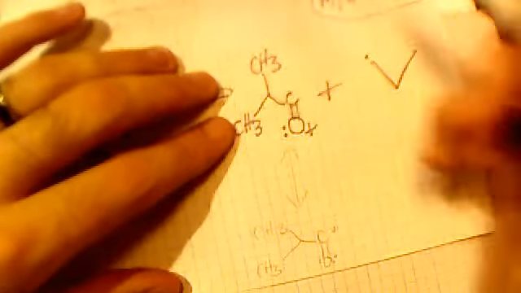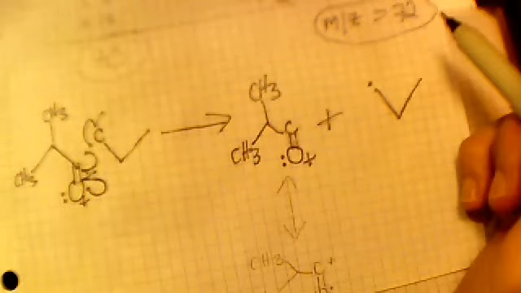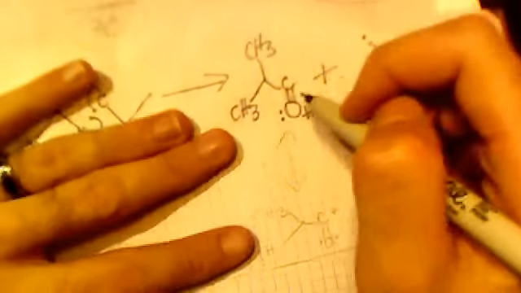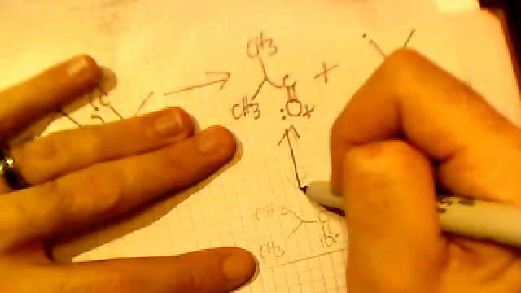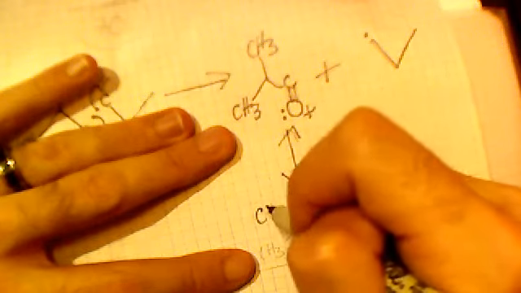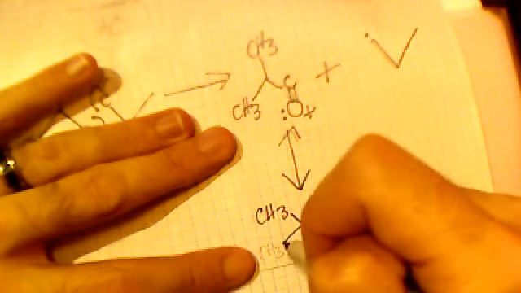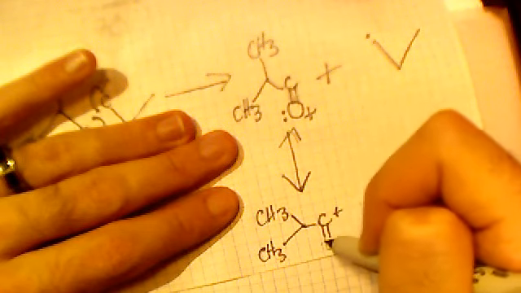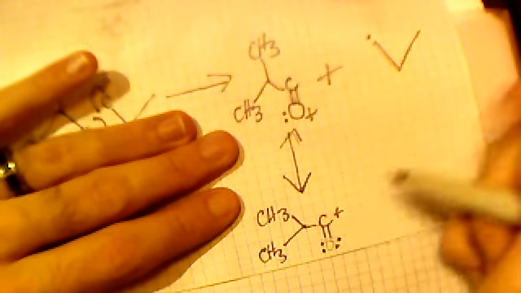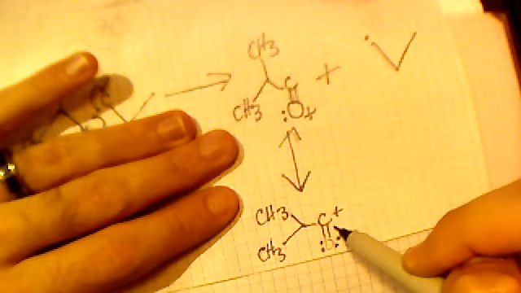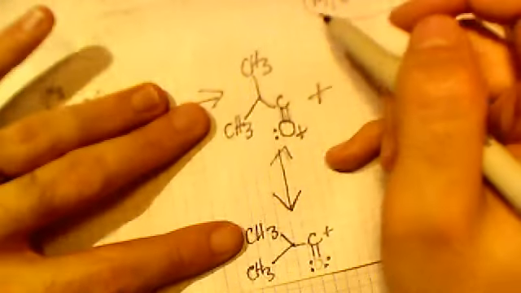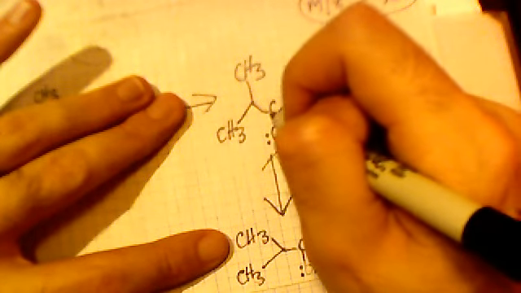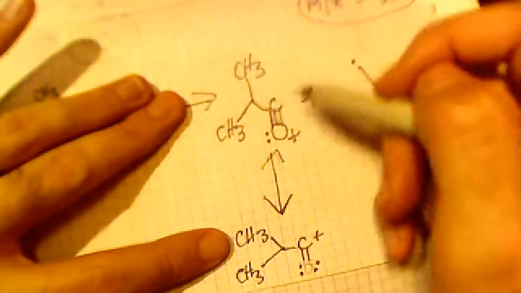And then, of course, in Wiley only one of these was the answer, so I'll look it up in a second. But this has resonance, and the resonance is CH3, C plus. Remember, this is supposed to be a triple bond, not a double bond.